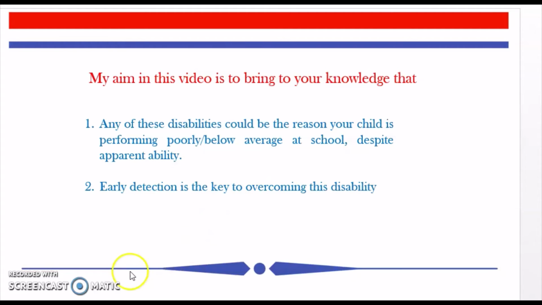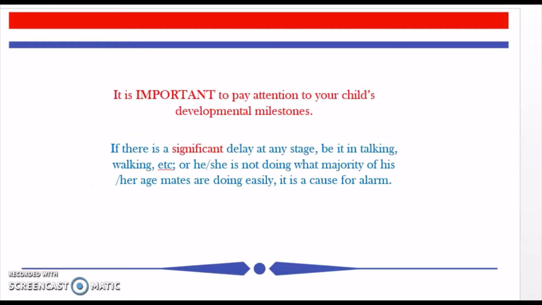Why do I say that? Once you find out that your child is having a struggle with this, when you start early to address it, it could help him to overcome it. So it is important to pay attention to your child's developmental milestones. When you see that he or she is lagging behind in any stage, then it's time to raise an alarm to know, wow, why is this child?